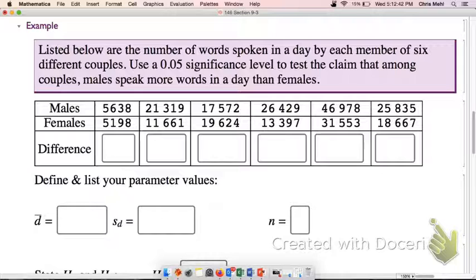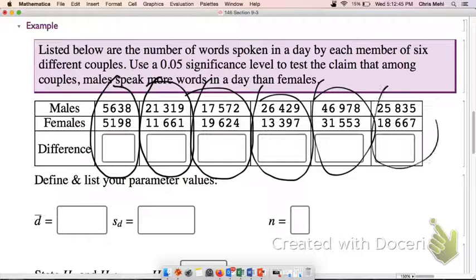And remember, this is what I would be talking about when I'm talking about pairs. I've got 6 pairs, and each pair represents a couple. So I technically have two samples, a sample of males and a sample of females, but I can pair the two samples together. Now I have 6 pairs. And then what I'm going to do is subtract within each pair.